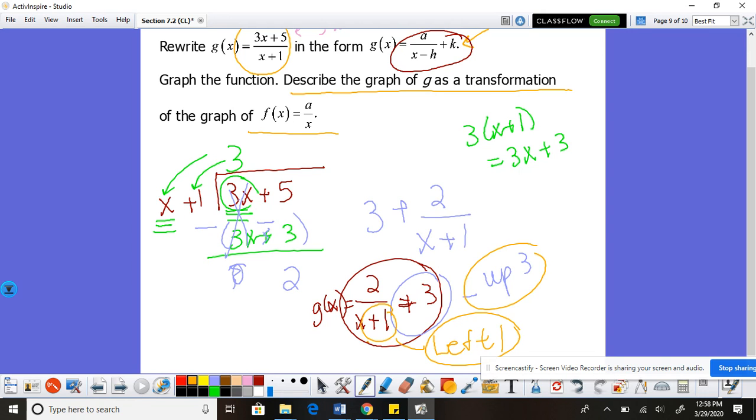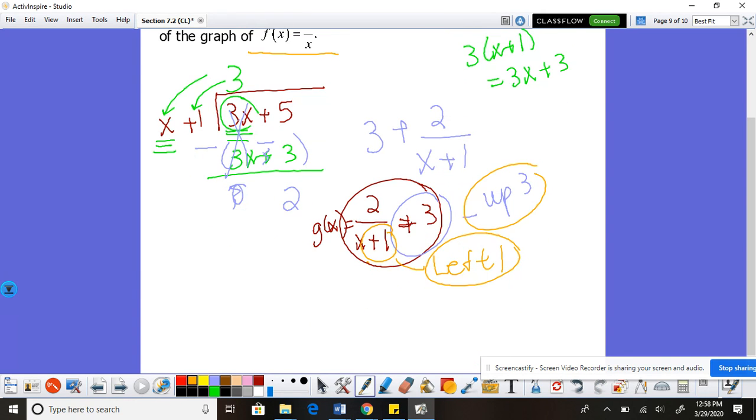If I wanted to graph it, I'm not going to spend a lot of time here. There's my graph. My y asymptote, I'm going up 3, 1, 2, 3. So here, this is y equals 3. I'm going left 1, so x equals 1.